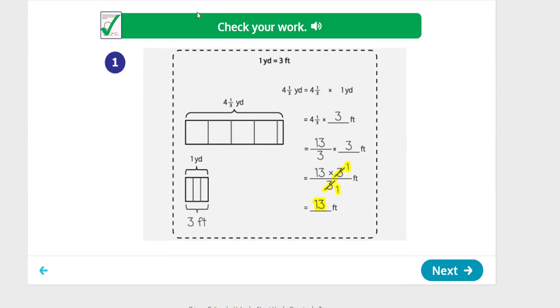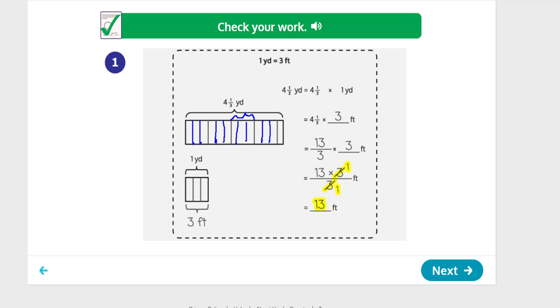All right, one way I want to check our work is we have this nice tape diagram that's not doing much of anything. Let's go ahead and put our feet into this. Remember, each of these boxes is equal to 1 yard. So we can split each of these into 3 feet.